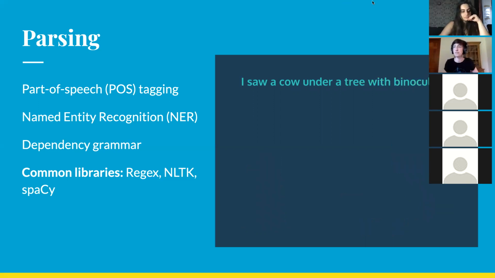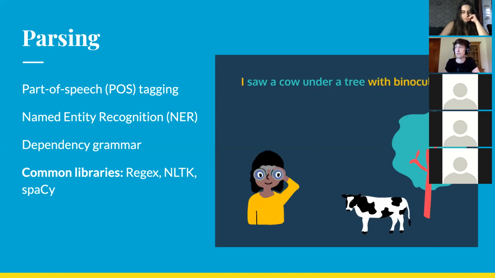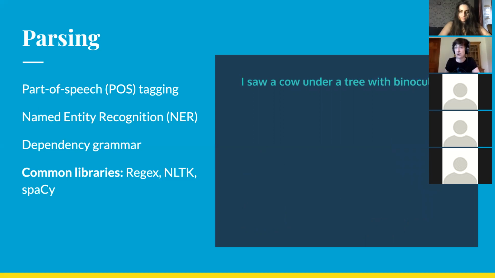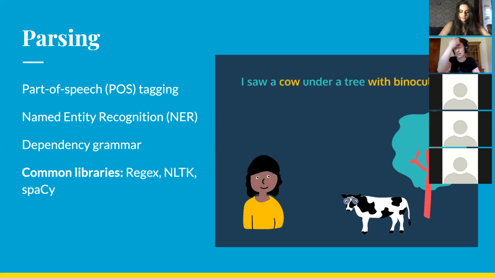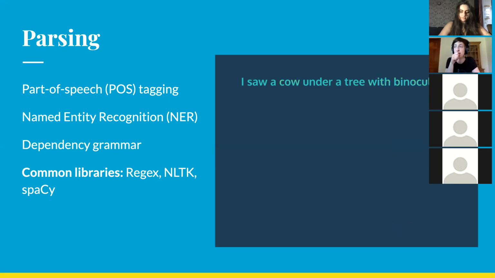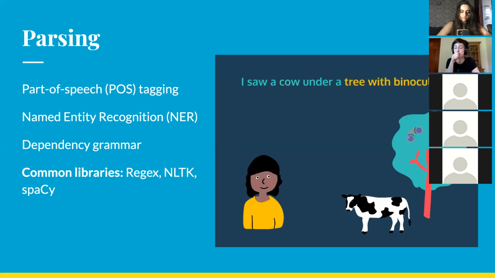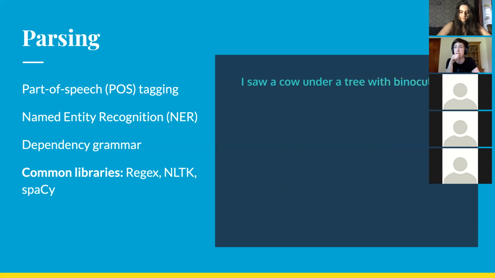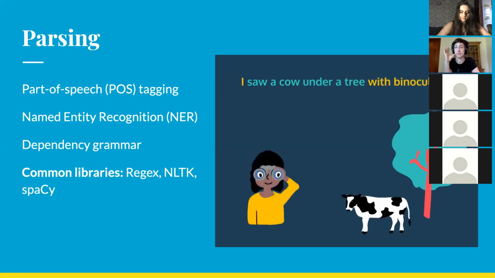So you can parse by part of speech. You might want to tag all of your text with a particular part of speech. You might want to use some named entity recognition, where you're recognizing specific proper nouns.